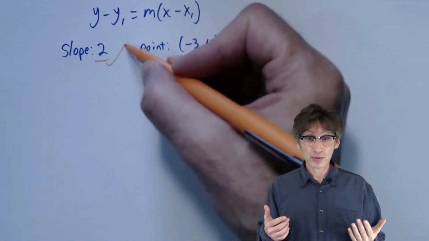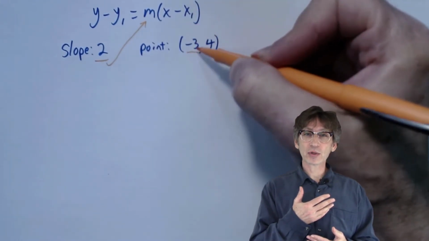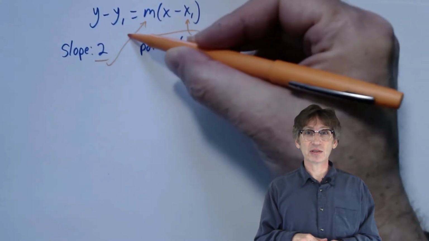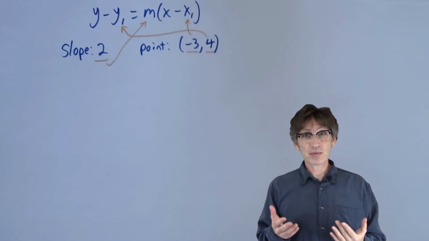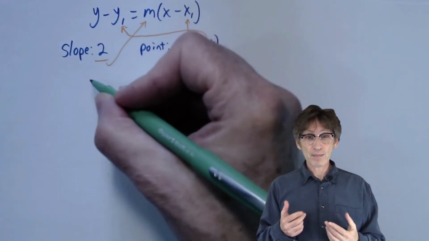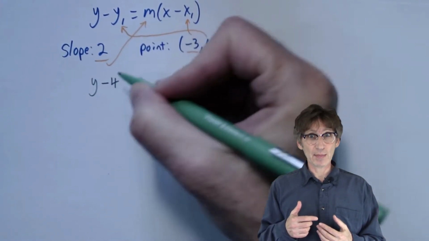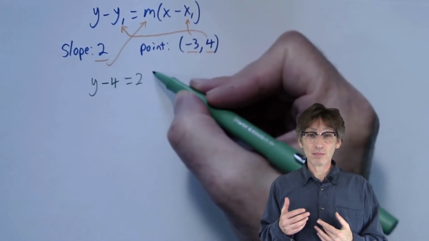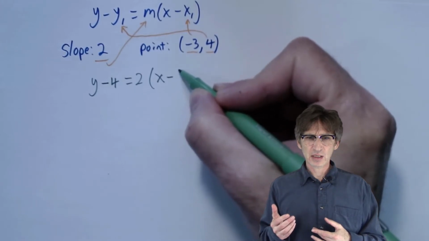I use the slope. I use the x and the y values from that ordered pair and just plop them into the equation. So we start with y minus y1 equals m times x minus x1. Y minus the y value of that ordered pair is 4, so y minus 4 equals, slope is 2, times x minus the x value, x minus negative 3.